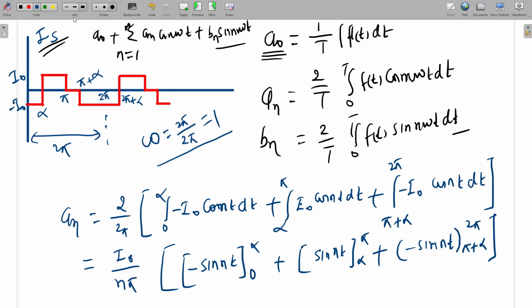After further simplifying, we can write this as minus sine alpha minus 0. So with this we can write I naught upon n pi, minus sine n alpha. This will be sine n pi.